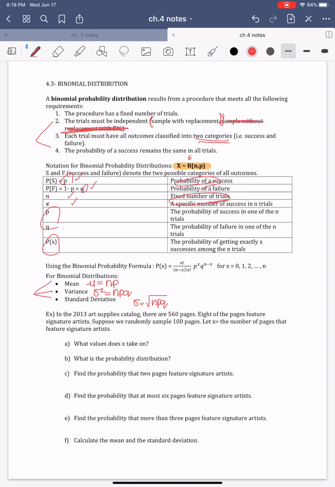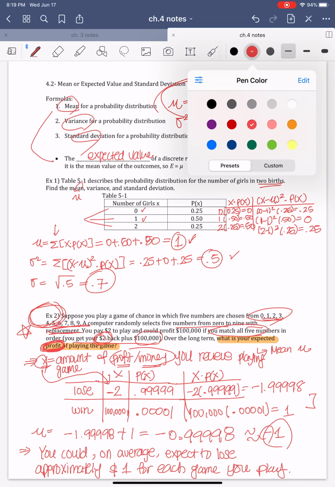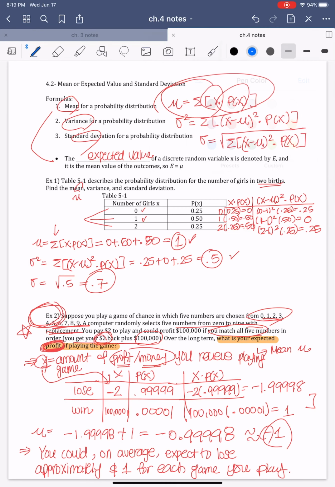Mean, variance, standard deviation is easy, but calculating the probability value itself is a little bit challenging. With the last example, these two numbers that we calculated were not too bad. Remember, we just identified 1 out of 10, 1 out of 10, 1 out of 10, 1 out of 10, and then we found that it was 0.00001 and then subtracted.